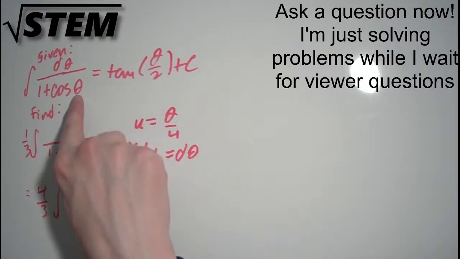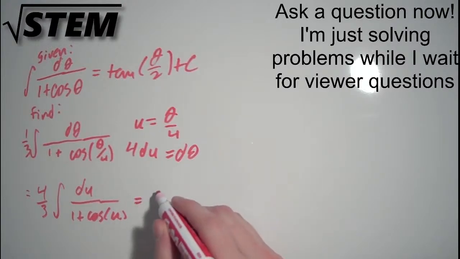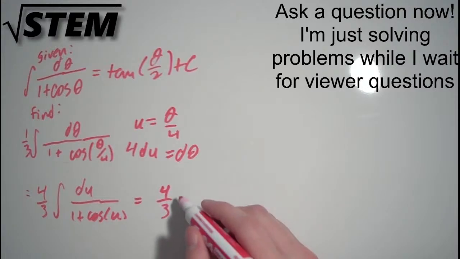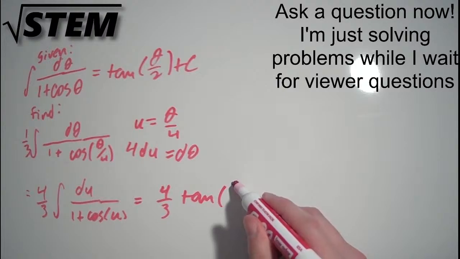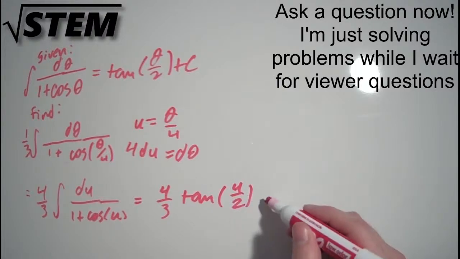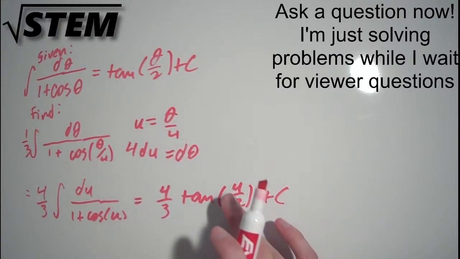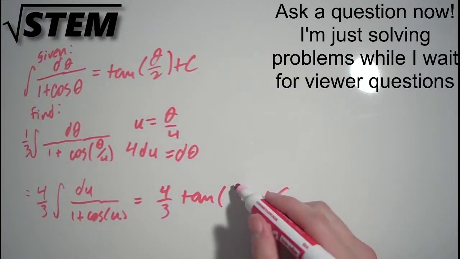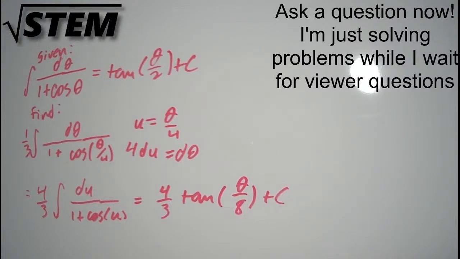And that is what we have our formula for. That's going to be tangent of u over 2 plus c. But u is just theta over 4, so that's going to be theta over 8 plus c.